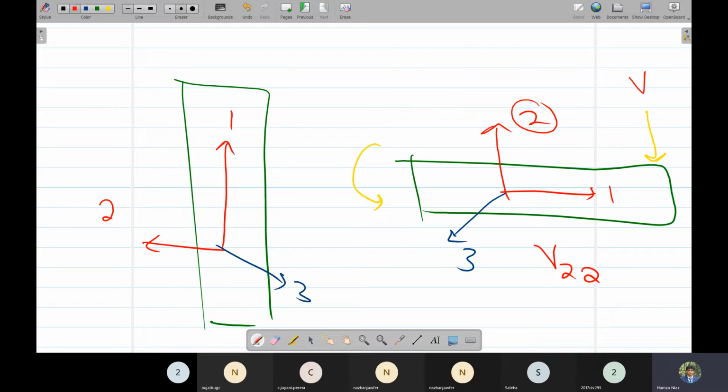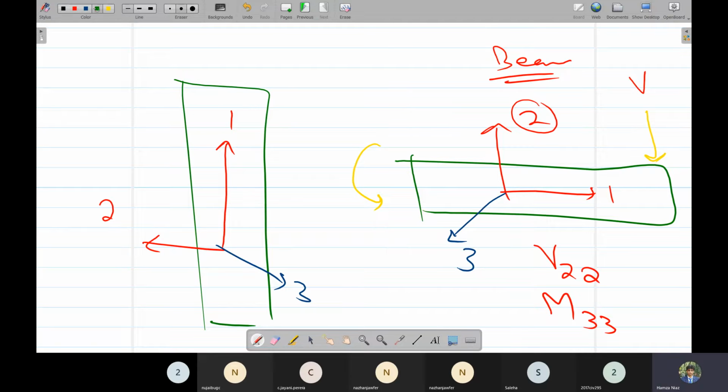And the bending moment is about the third axis, so we can write M33. V22 means shear along the 2 axis, and M33 means moment about the 3 axis. So these are the critical forces for a beam.